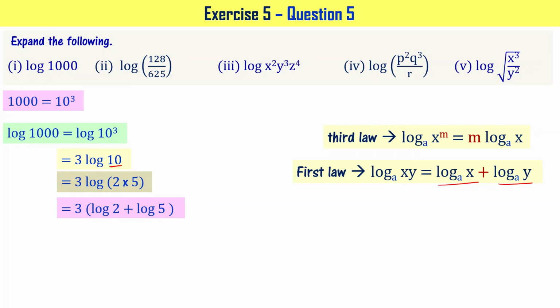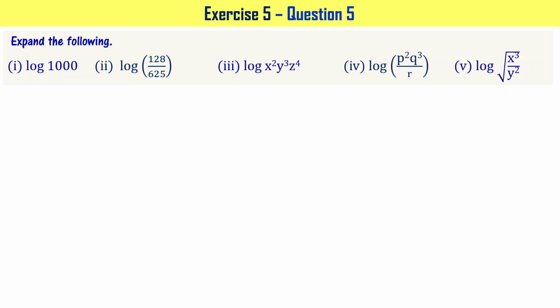When you expand log 1000, it is going to be equal to 3 times log 2 plus log 5. You can take any of the bases as you want. For example, I can take base 2 or base 10, doesn't matter. Got it? Let's take a look at the second part of the problem, that is log of 128 divided by 625, right?